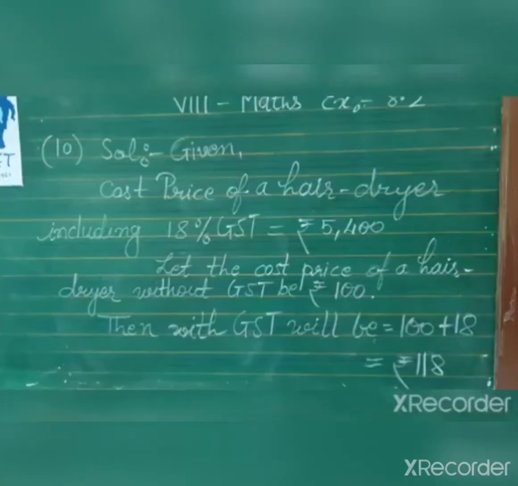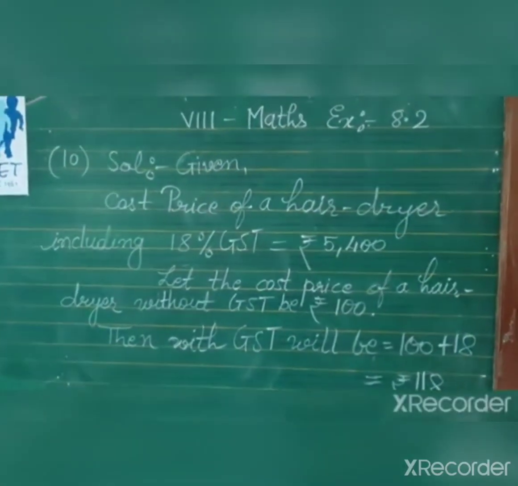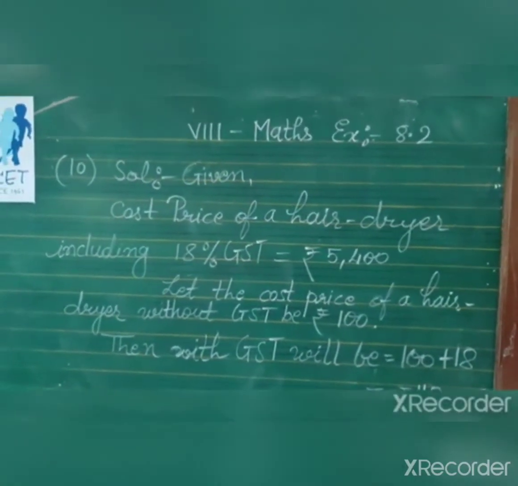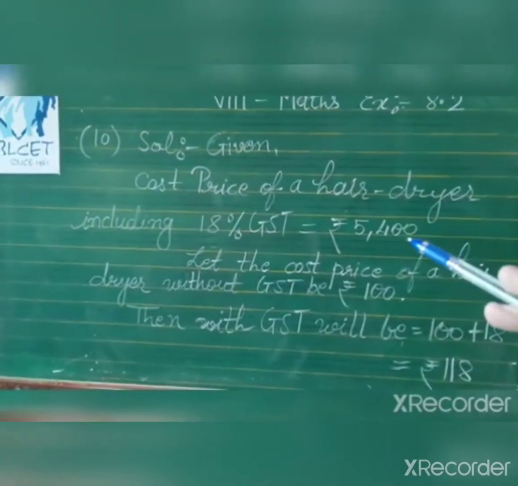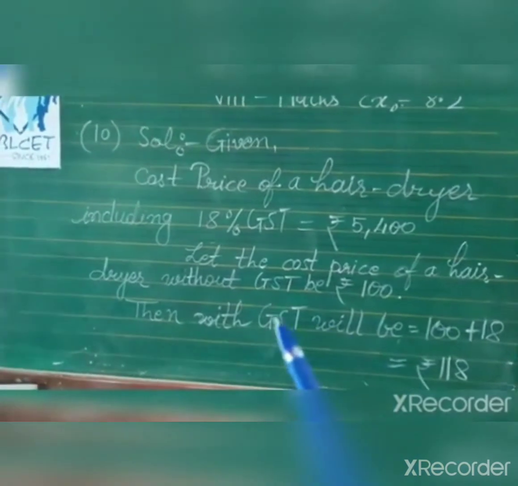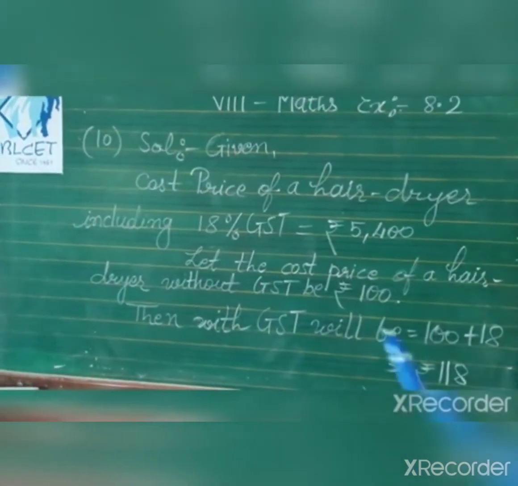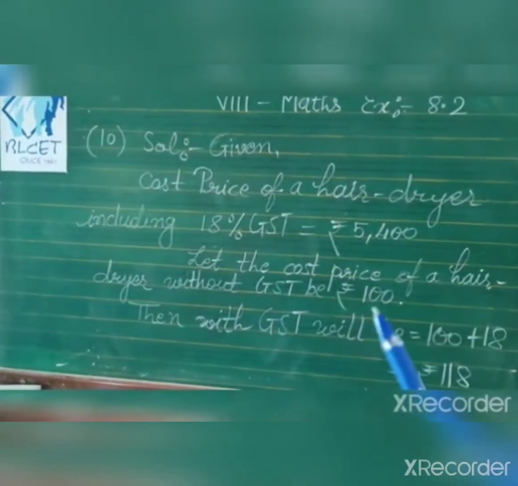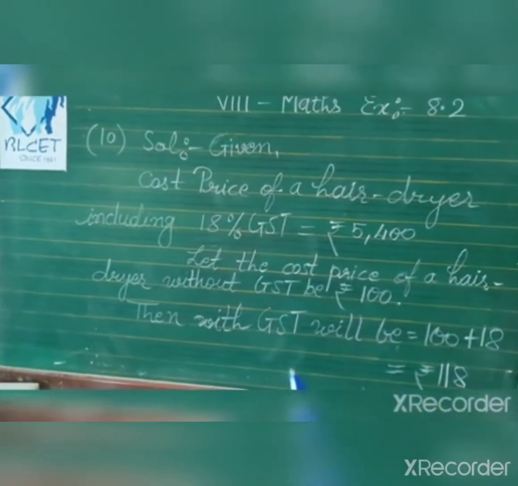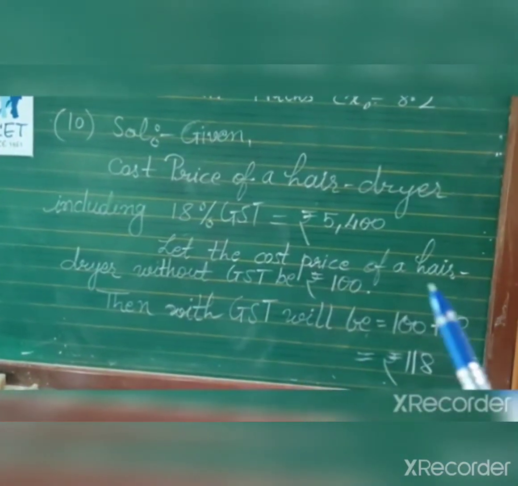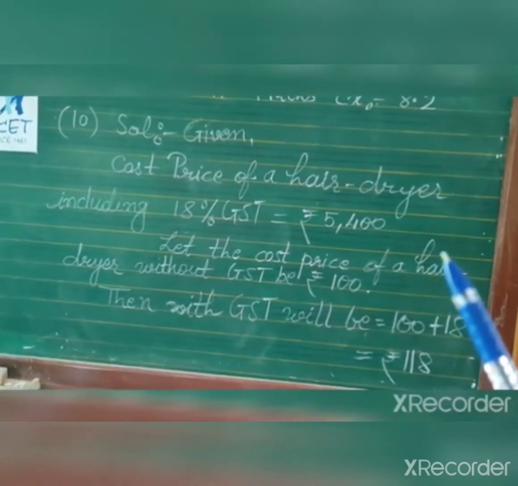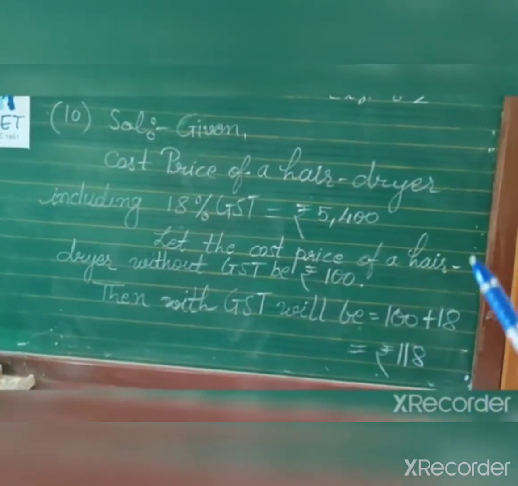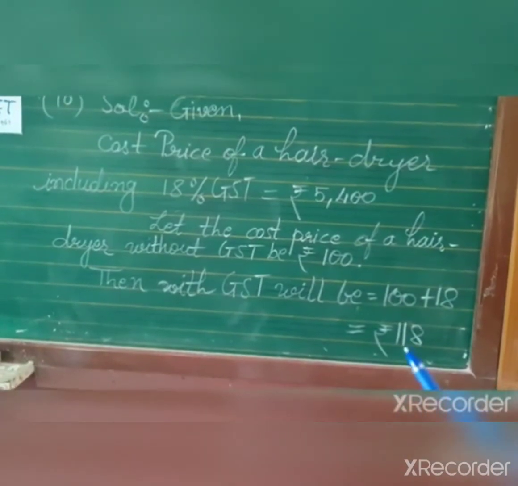Let us start. Now students, you can see given cost price of hair dryer including 18% GST is equal to rupees 5,400. Now what we will assume, let the cost price of hair dryer without GST be rupees 100. Then when you will add the GST, you are definitely adding 18 percentage, that means 18 rupees, because we are talking about 100 rupees. So you will add, so you will get rupees 118.